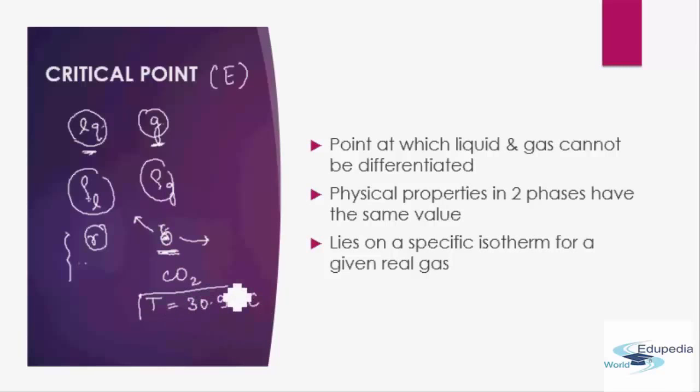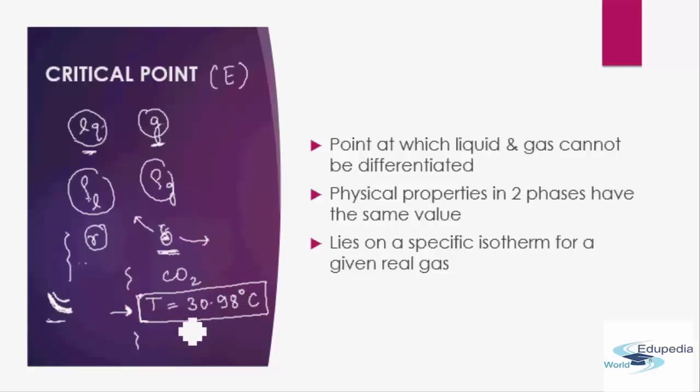So point E can only be reached if I am traveling on this isotherm of 30.98 degrees centigrade. If I am at any other temperature, I cannot reach point E. I will either be above the dome or inside the dome, but not at a tangential position to the dome.